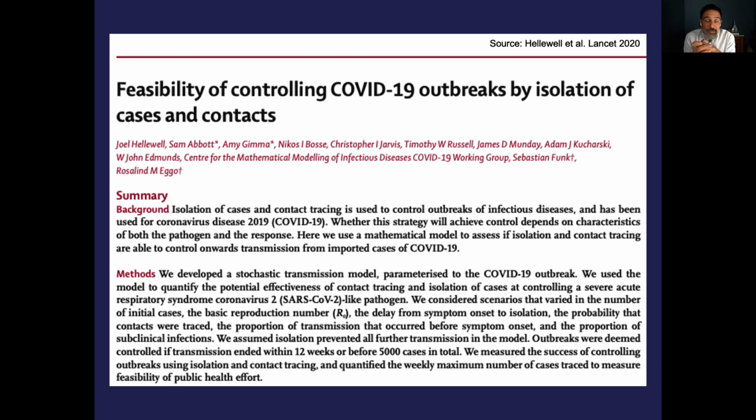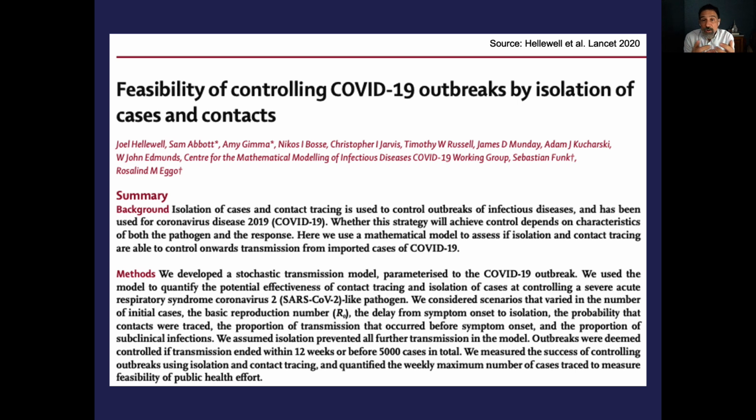So did they trace 50% of the contacts? Did they trace 80% of them? And the proportion of transmission that occurs prior to symptom onset. And also, importantly, the proportion of transmission resulting from subclinical infections or asymptomatic transmission.